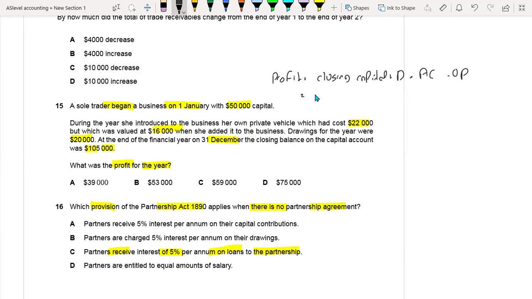So closing capital is 105,000 and the drawings were 20,000, minus additional capital, which means the vehicle, it is 16,000, and minus opening capital, which was 50,000. So all together, this is showing us the profit, which is 59,000.